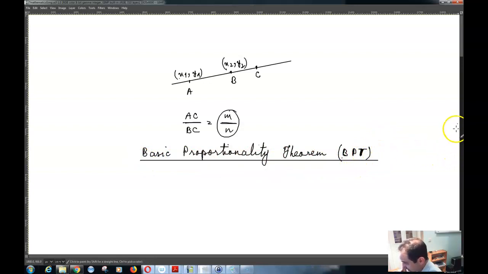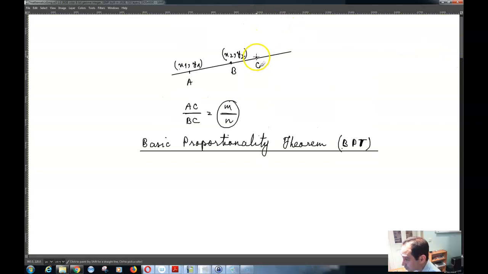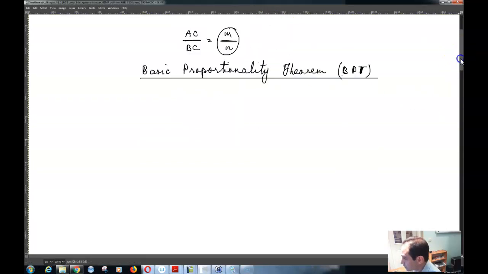In order to get to the coordinates of this point C, you need to do a simple construction. Suppose that you have this line segment, AB, for example.